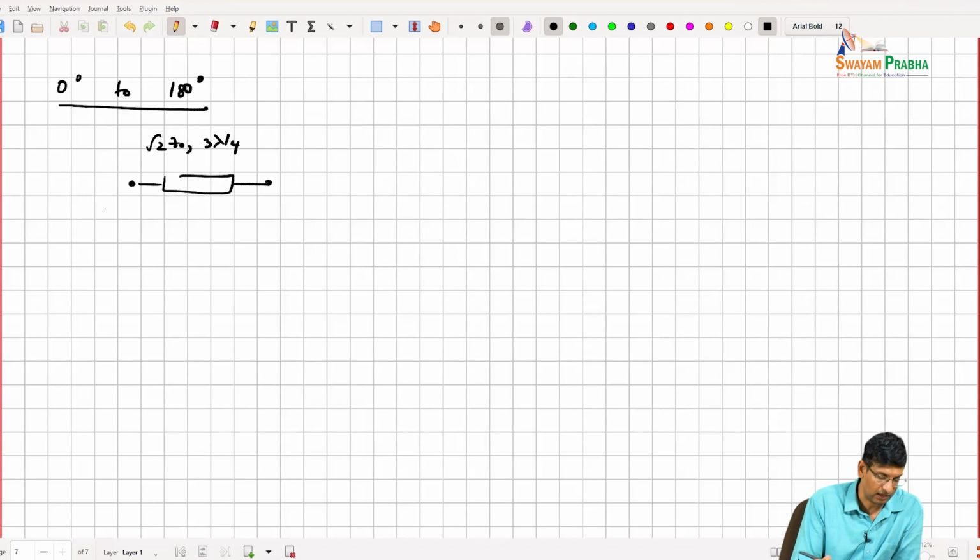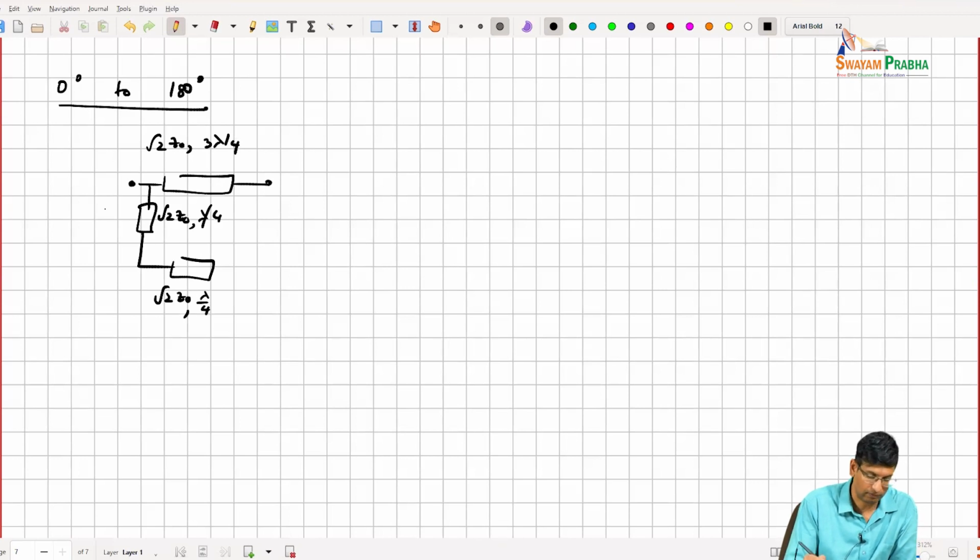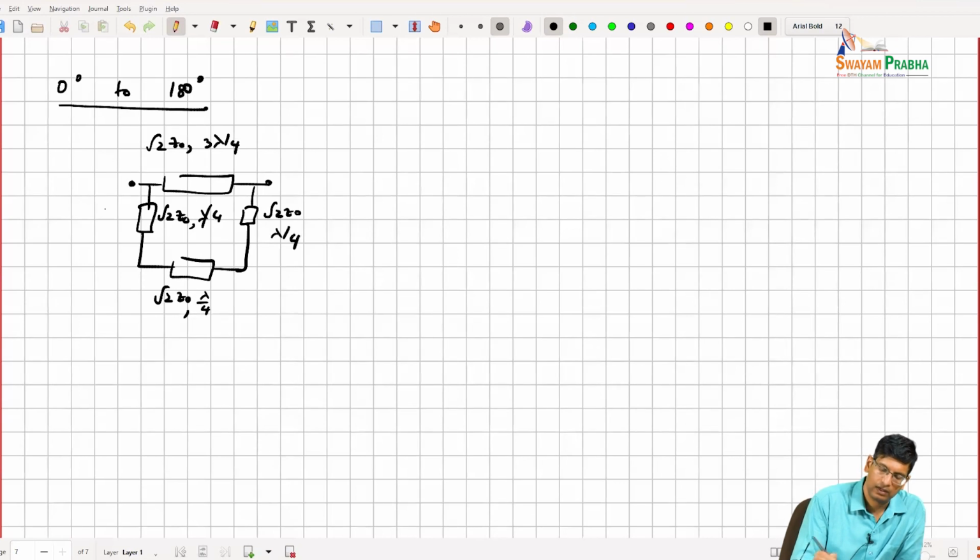And then you have another transmission line which is square root 2 Z naught lambda over 4. Another one which is square root 2 Z naught lambda over 4. And finally another one which is square root 2 Z naught lambda over 4.